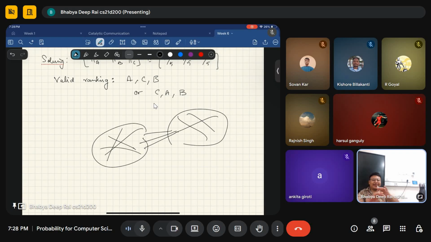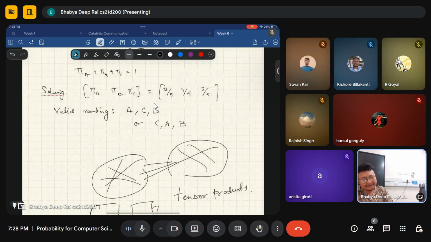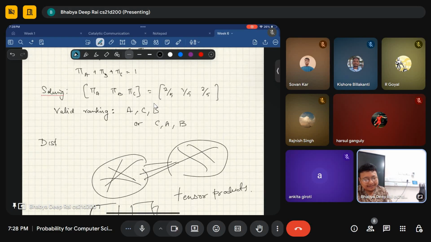In that case, you can fragment matrix multiplication into tensor products. Tensor products is when you have several copies of matrices inside another copy. You sort of blow up the entire piece. There are several techniques for doing this, and this is a field called distributed algorithms.